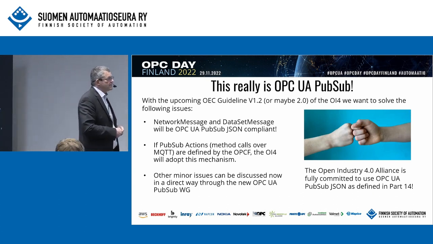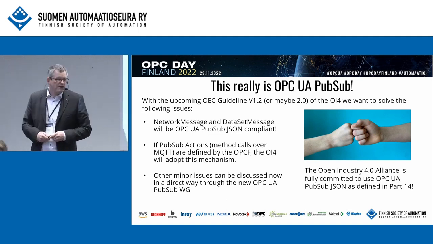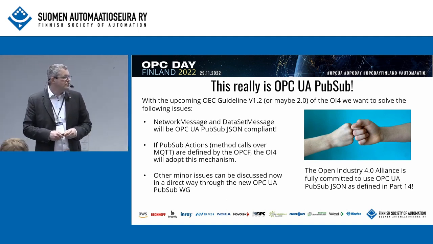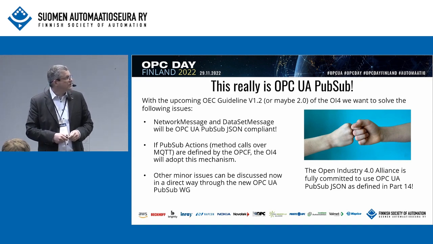So in the end, the Open Industry 4.0 Alliance is fully committed to OPC UA, and we want to use the PubSub JSON compliant to part 14. This is important.